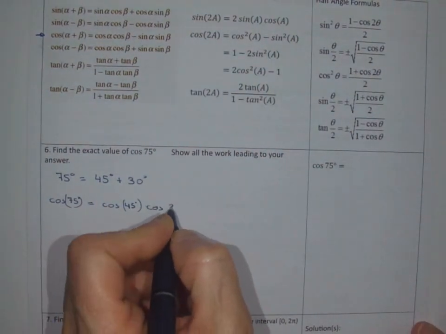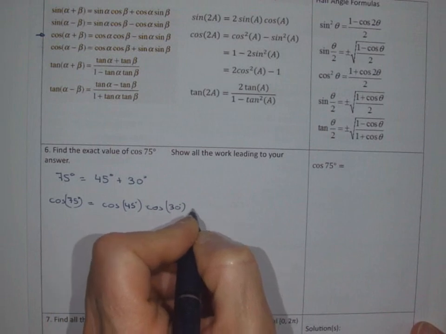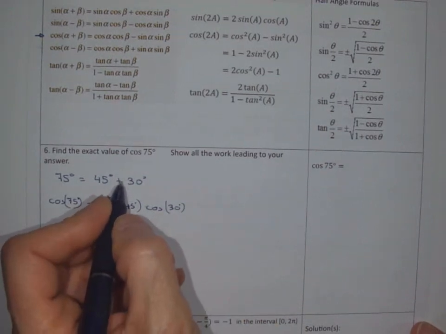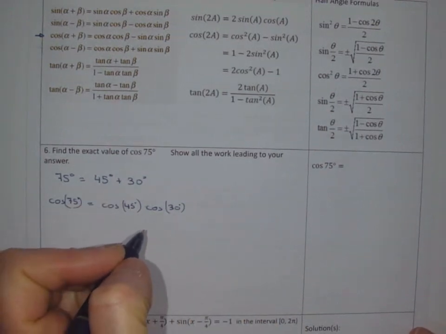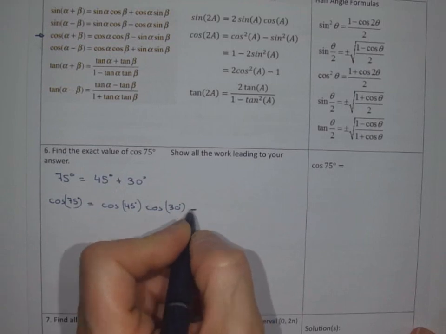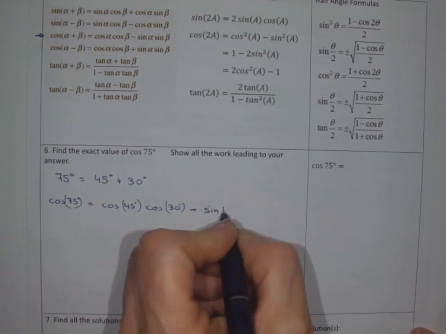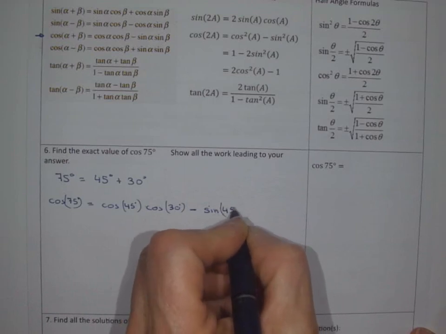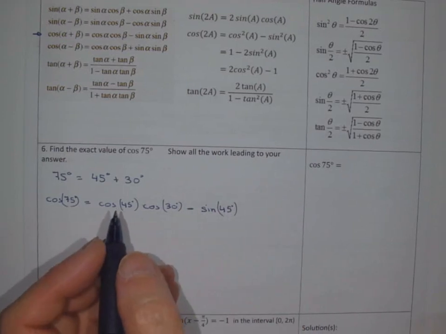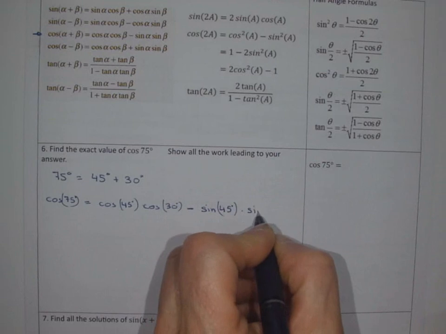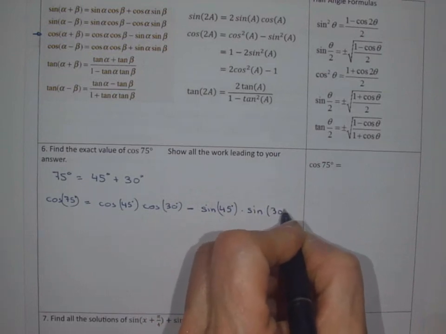Cosine of 30 degrees, and then because we're adding here and the cosine is opposite, right, we're going to subtract there, so minus a sine of 45 degrees times a sine of 30 degrees.